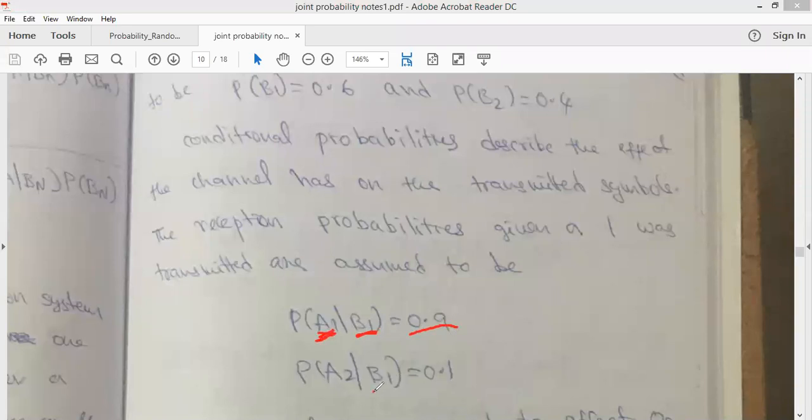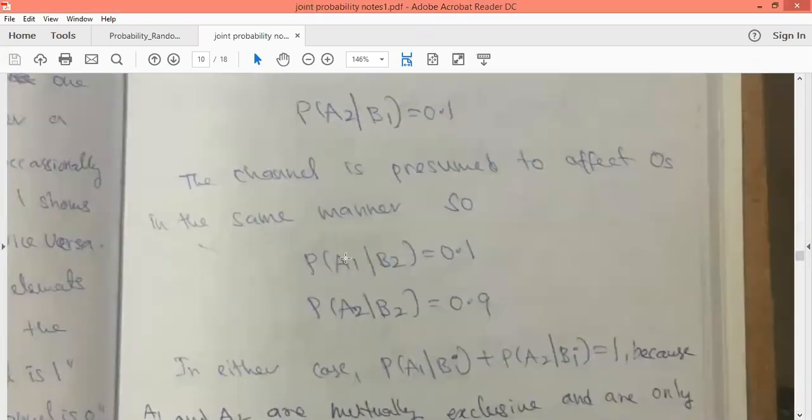And if we transmit 1 and receive 0, this is the conditional probability that describes it: the probability of receiving 0 when 1 is transmitted is given as 0.1. These values are also given in the problem. Now, what is B2?